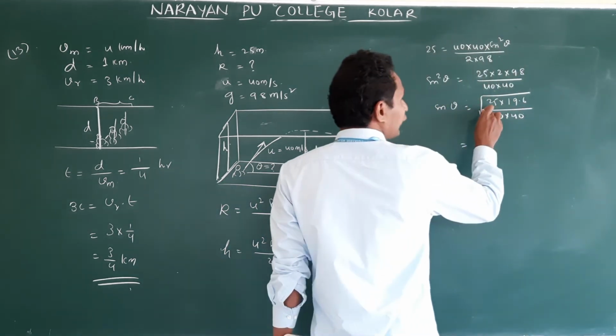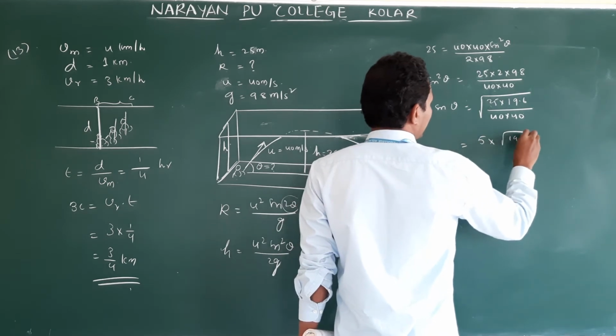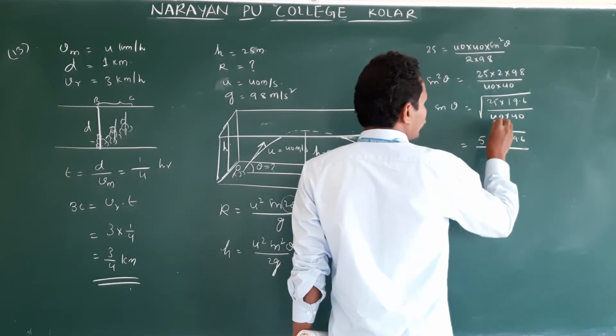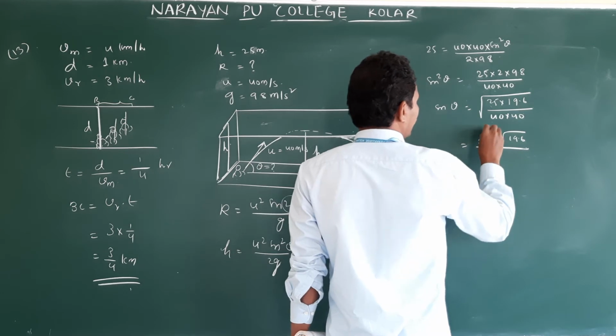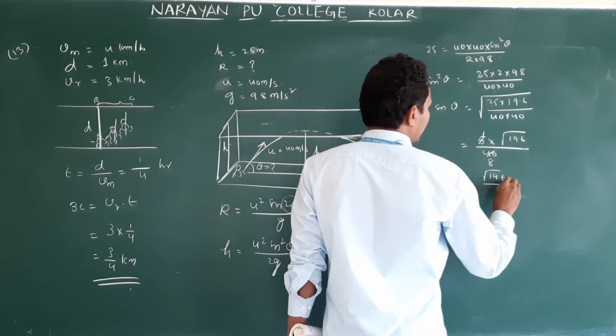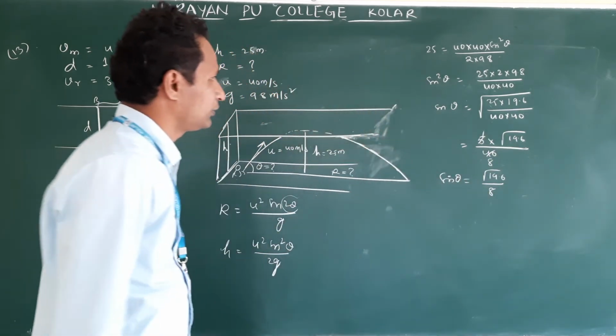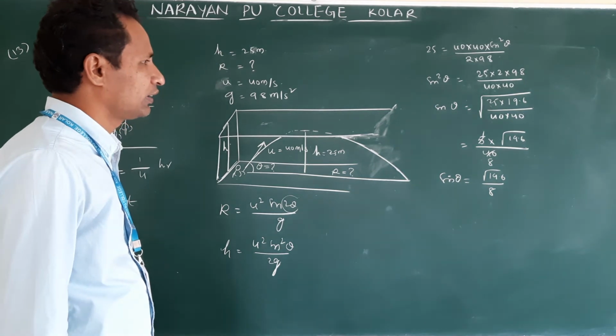So this is root 25, root 19.6, root 40 into 40. 40 is 5 eights, so root 19.6 by 8. This is the sin theta value. Okay?